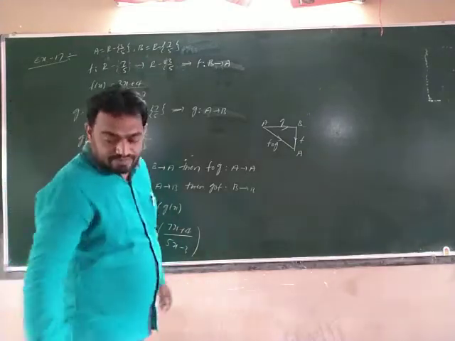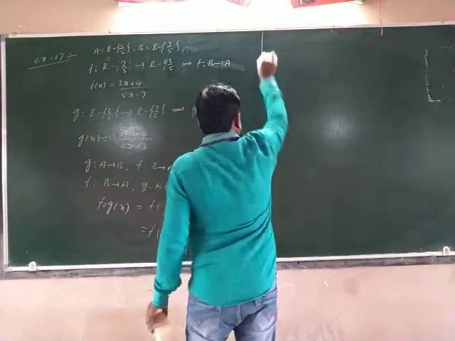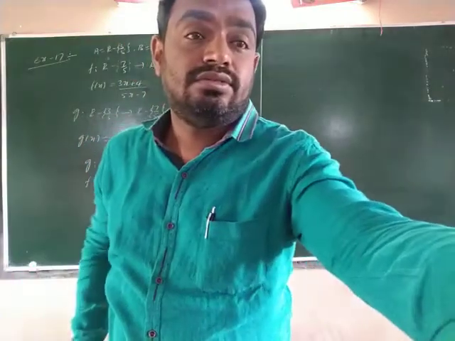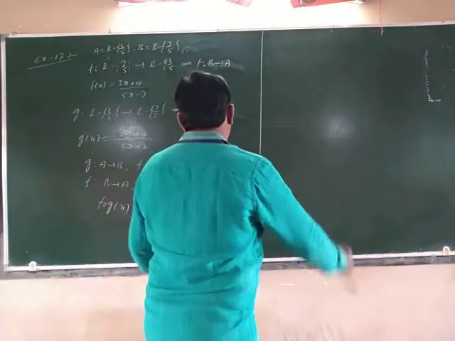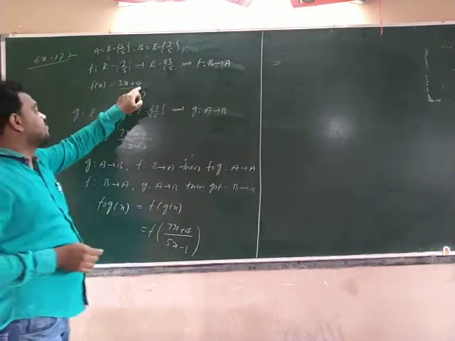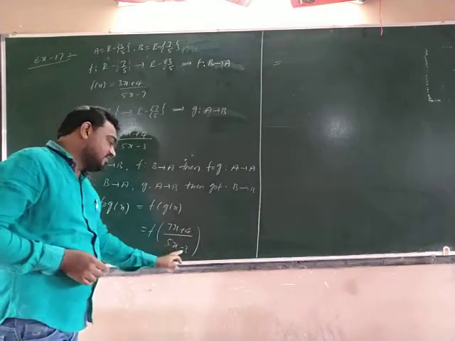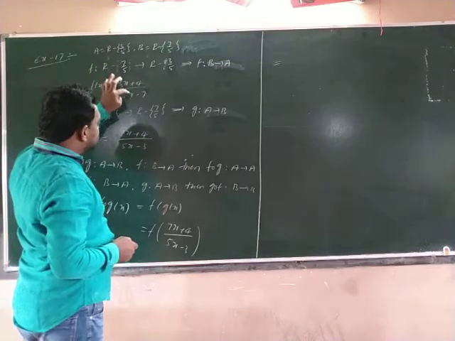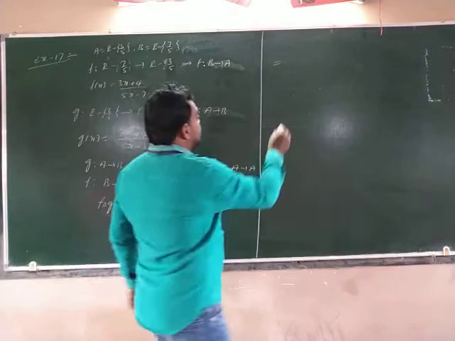Now f of x is (3x plus 4) by (5x minus 7). Now f of (7x plus 4) by (5x minus 3) equals what? Just substitute this fraction in place of x.